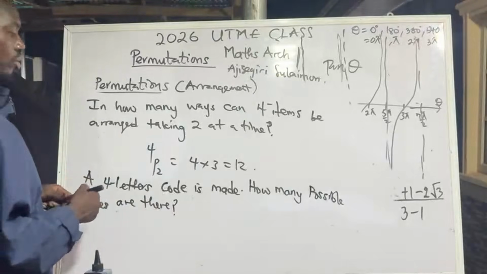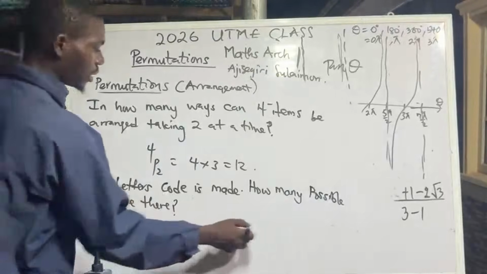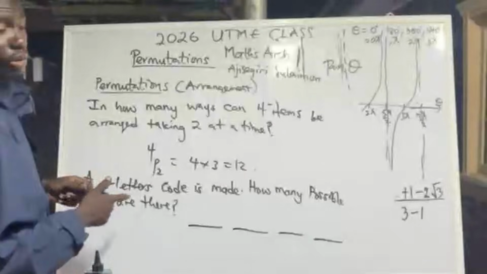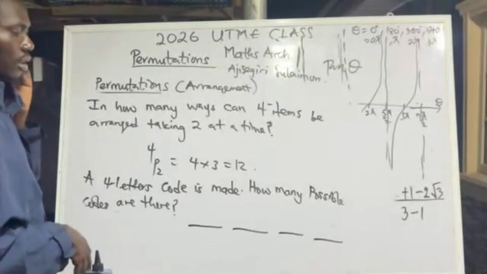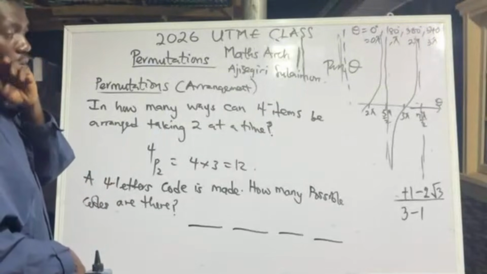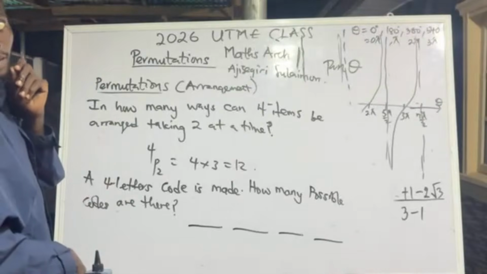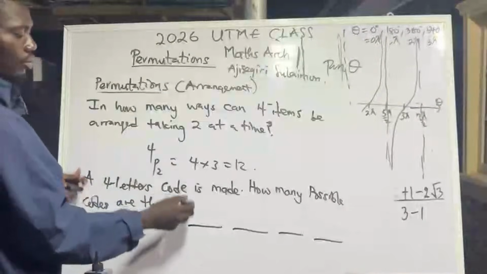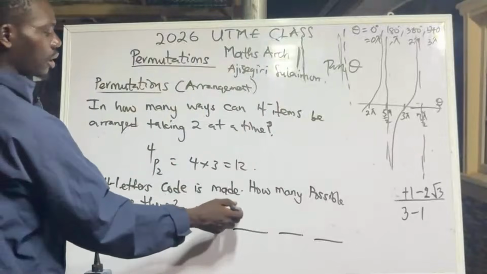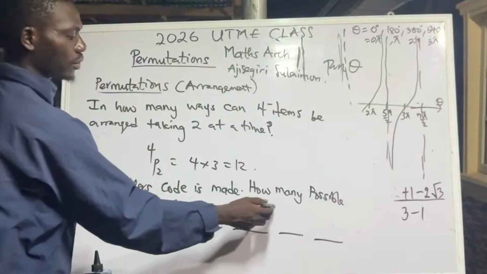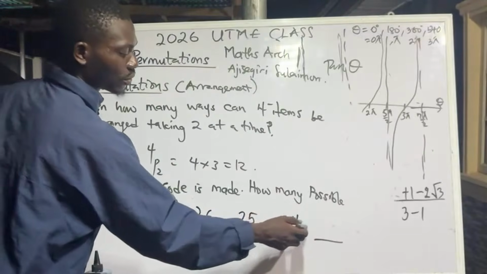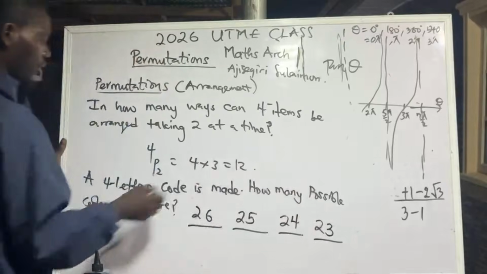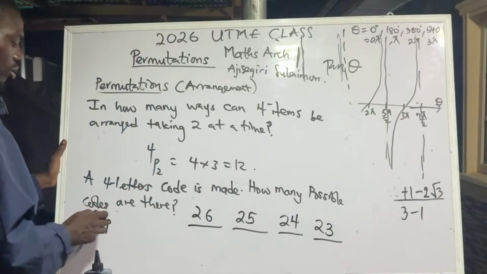Since it is a 4-letter code, that is 4 positions we're looking at. For the alphabet letters, we have how many? We have 26. So this first one has 26 options, this one has 25, this one has 24, and this one has 23.